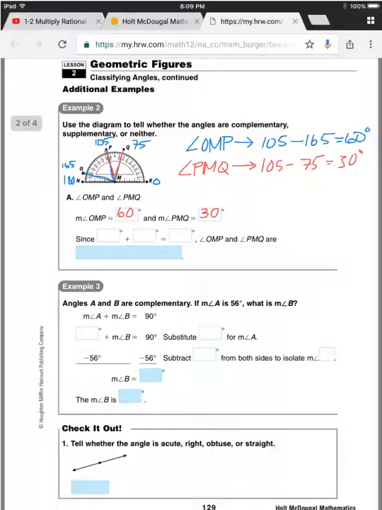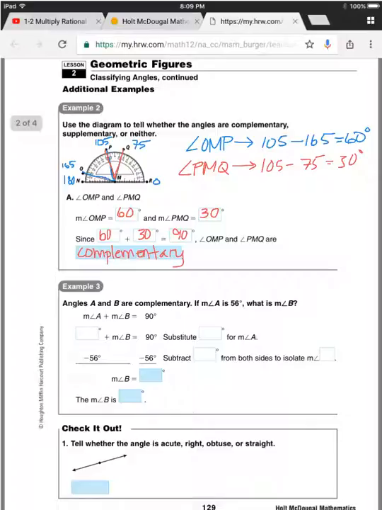So to find out if those are complementary, supplementary, or neither, we add those two together, and since 60 degrees plus 30 degrees equals 90 degrees, angles OMP and PMQ are complementary, because complementary angles are two angles that add up to exactly 90 degrees. Okay?